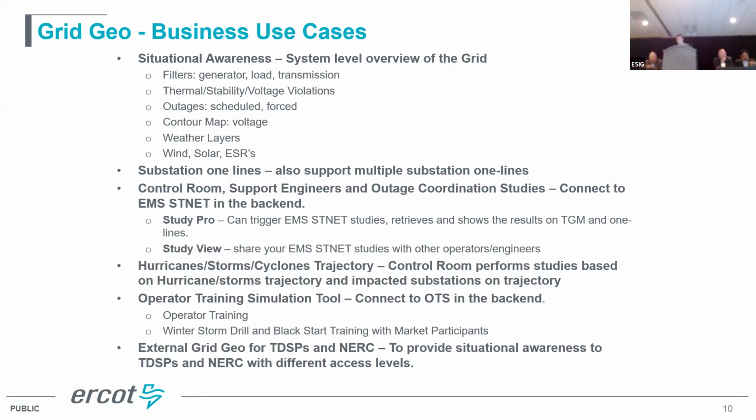We can send control commands to the DTS to simulate and control generators and load, and also open and close breakers. So this becomes the essential control for simulating black start. I have some screenshots for that.